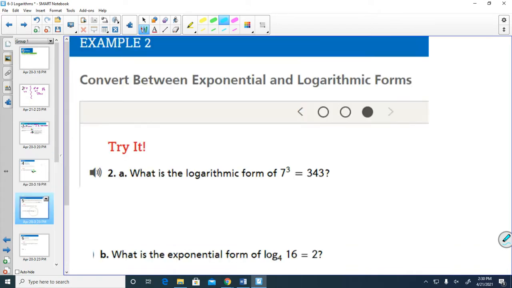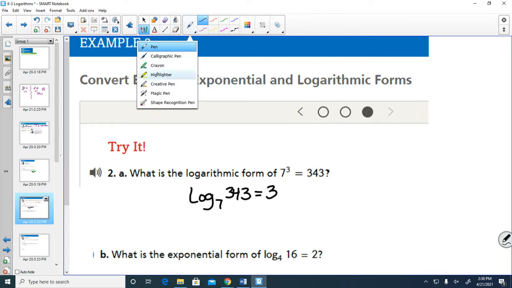Let's do a couple more. Example 2, we're converting back and forth between log and exponential forms. So what's the log form of 7 to the third power equals 343? Well, let's try it. I'm going to write log, the base is going to be 7, of this number 343 equals 3.